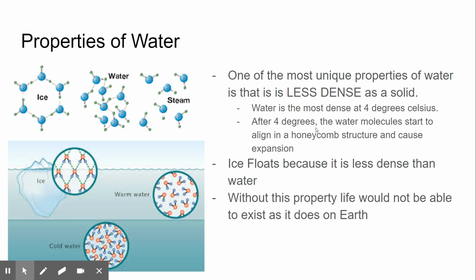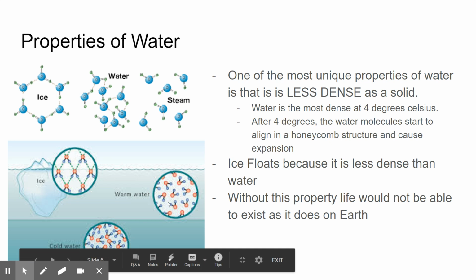But as you get colder than that, those hydrogen bonds, the oxygens and the hydrogens, start to align into this honeycomb-like structure. And as they align into this honeycomb structure, they actually expand. The amount of space between the molecules of water is increasing compared to that in liquid water.